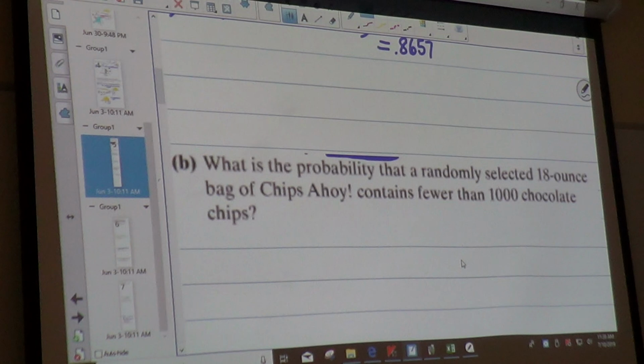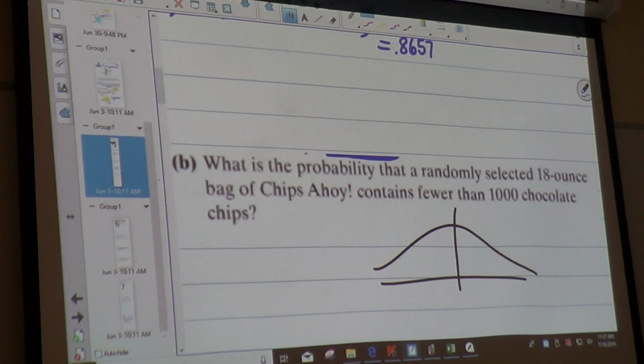Fewer than 1,000. 1262 and 118. This time is fewer than 1,000. What is the probability that it's fewer than 1,000?